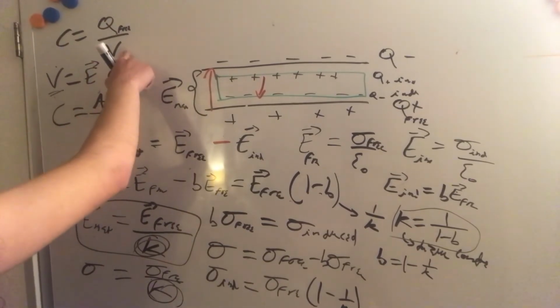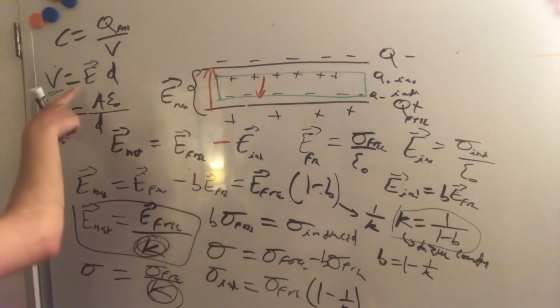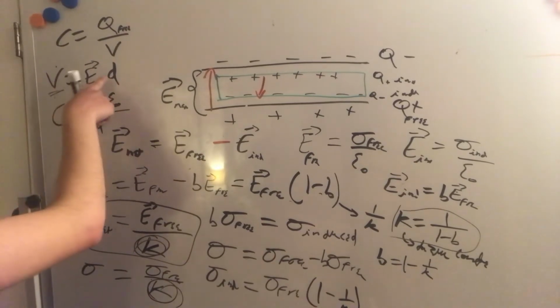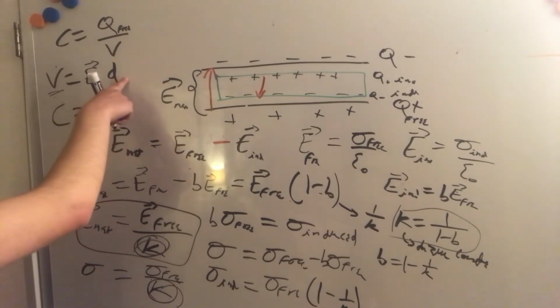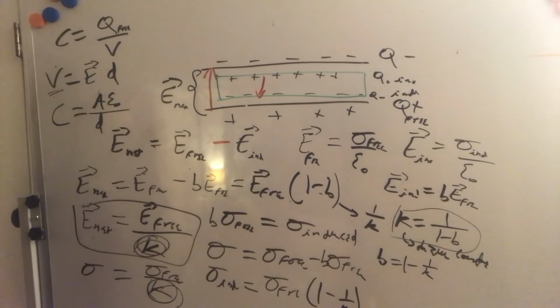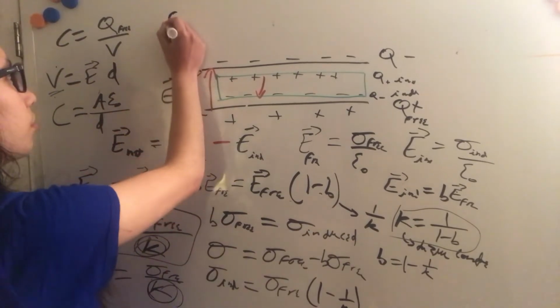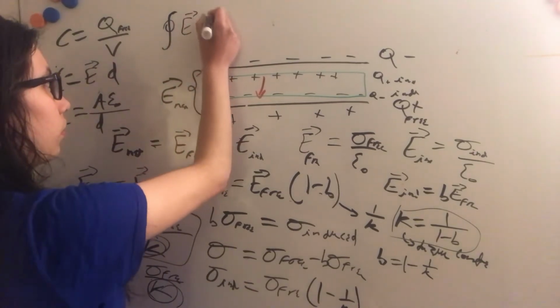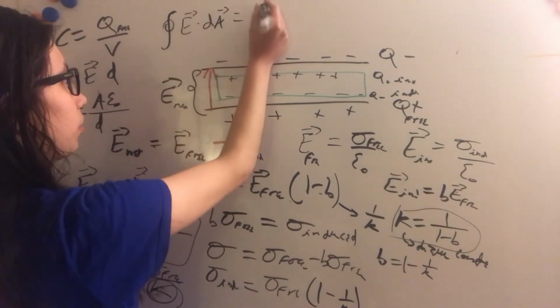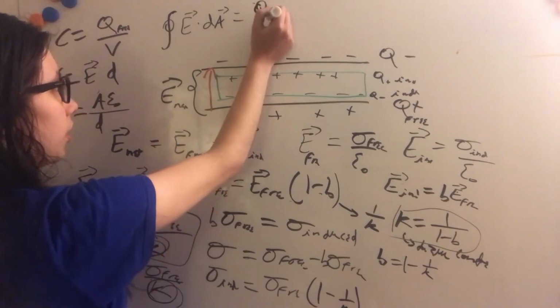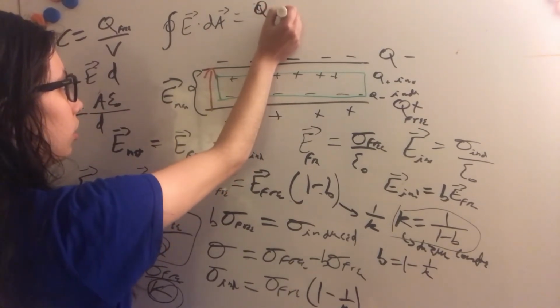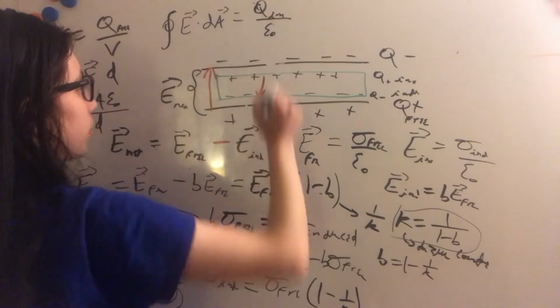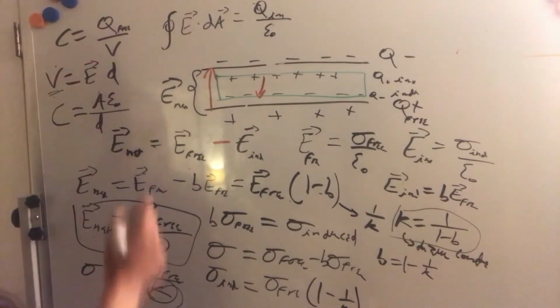The voltage is the electric field times the distance, and the electric field, by Gauss's law, we have that the electric field dot the area is equal to the charge inside divided by epsilon naught.